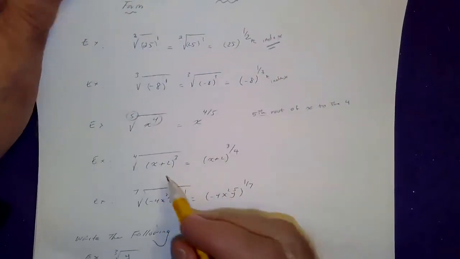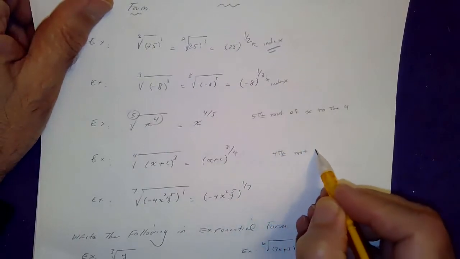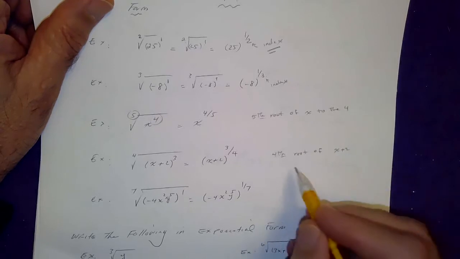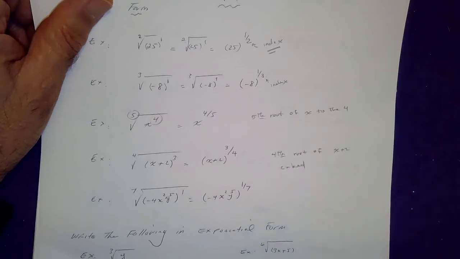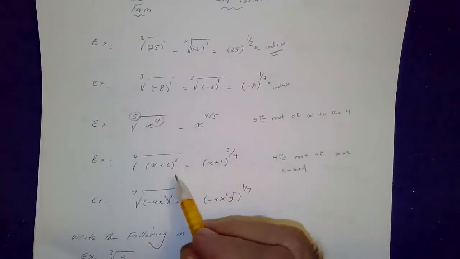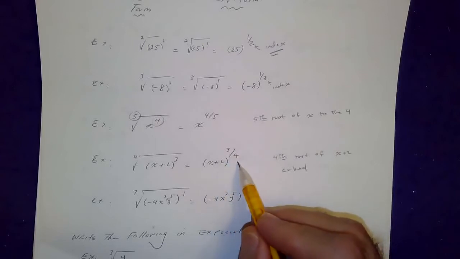What about this one? How do you read this? You read this as the 4th root of x plus 2 cubed. But how does that look in exponent form? Well, that's x plus 2 quantity to the power of 3 over 4.